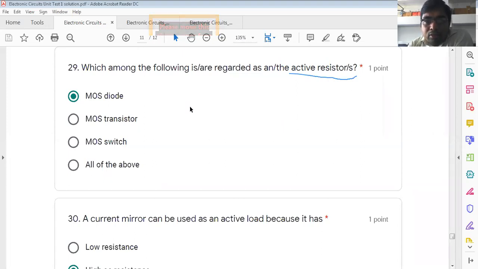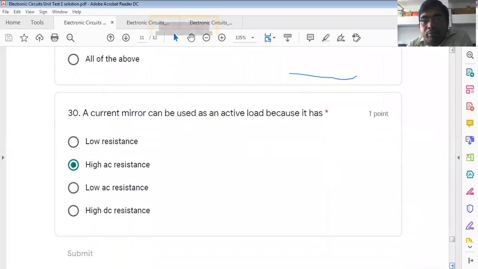Now come to the last question. A current mirror can be used as an active load because it has lower resistance? No. It has high AC resistance. Yes, it has the high AC resistance. That's why it acts as an active load. You can justify this answer with the help of the output characteristics of the current mirror circuit that we have already learned in the second unit.